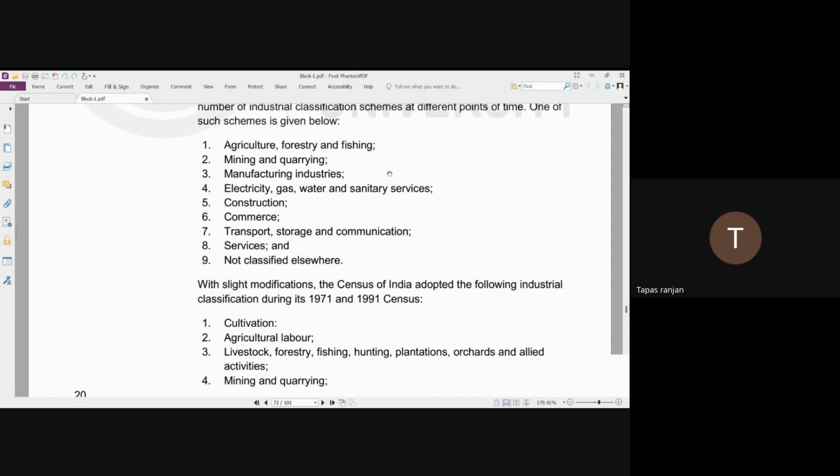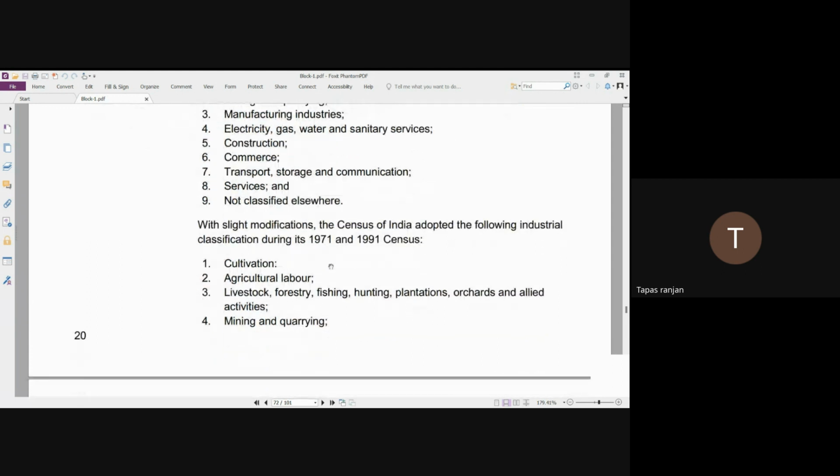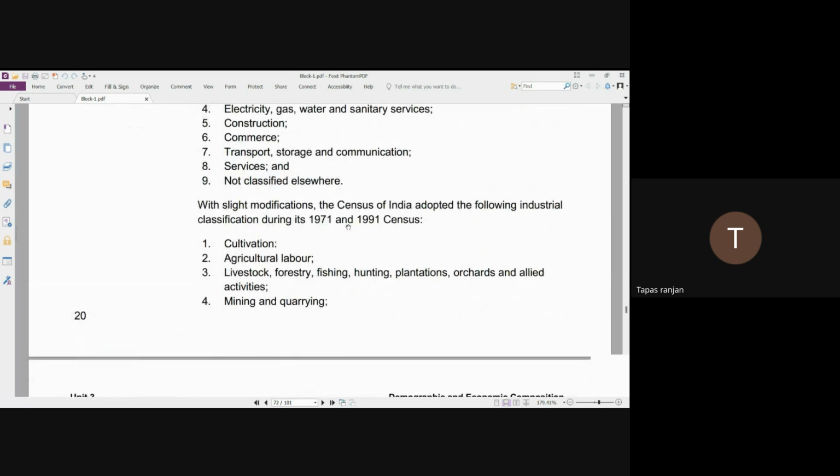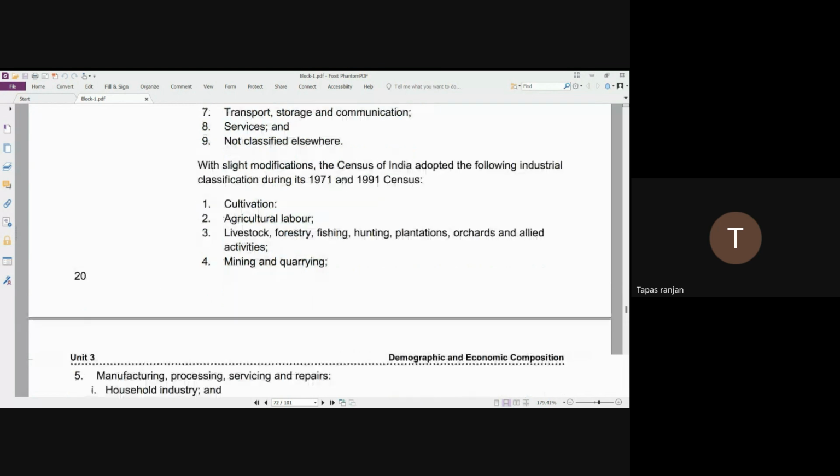And based on the census, the workers, or all those people who are engaged in this classification, have been divided. You can look into these classes.